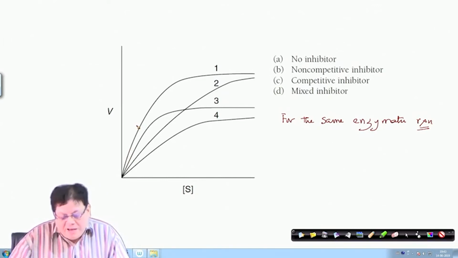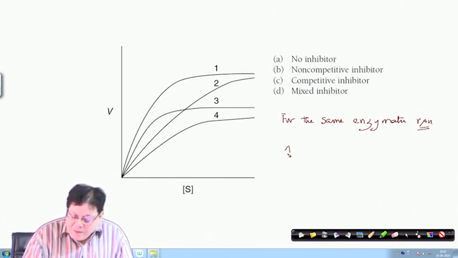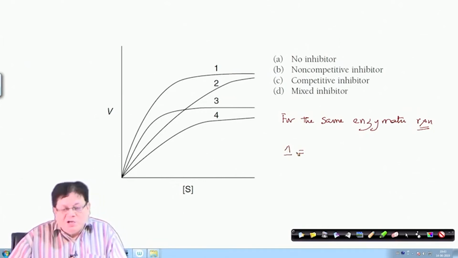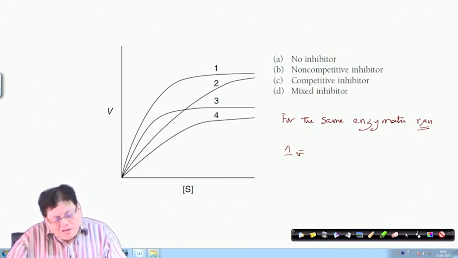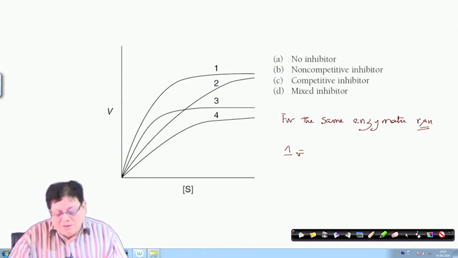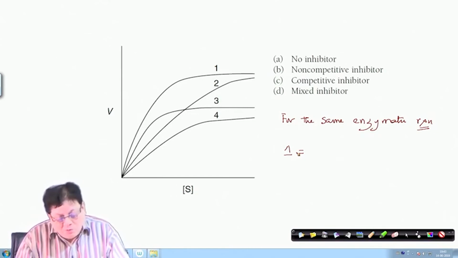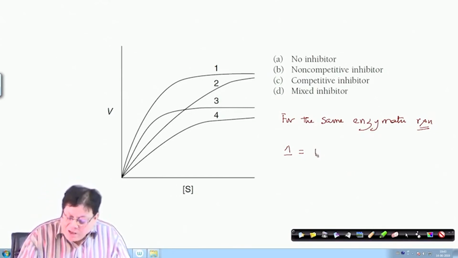So, if that be the case, then this is the one where there is no inhibitor, because an inhibitor slows down the reaction. So, normal enzyme kinetics, normal meaning the fastest growing curve, will be followed when there is no inhibitor. So, one is basically where there is no inhibitor present. I hope this is clear.